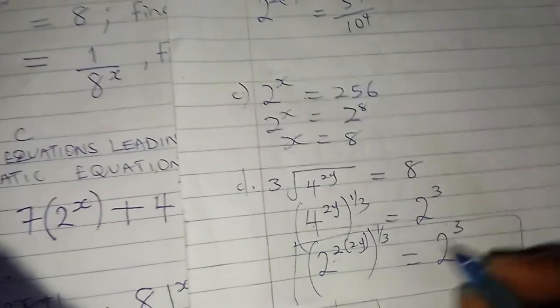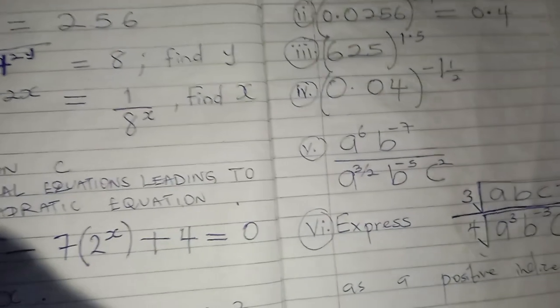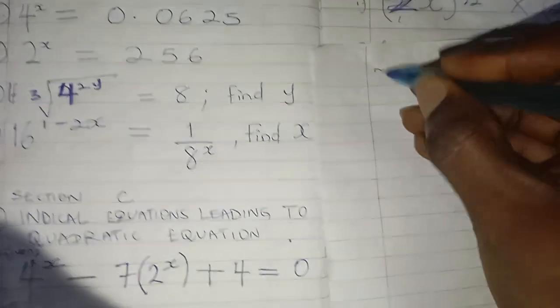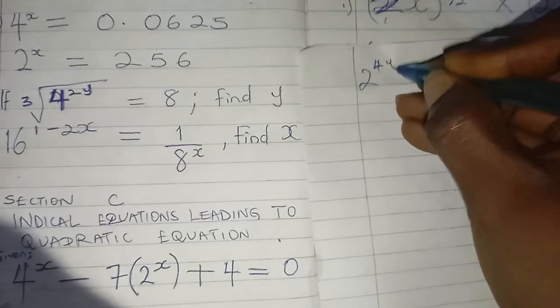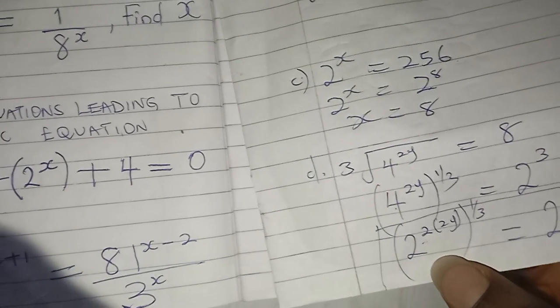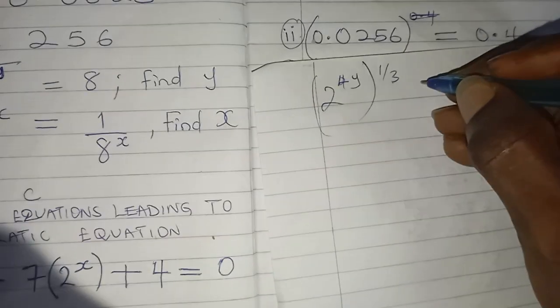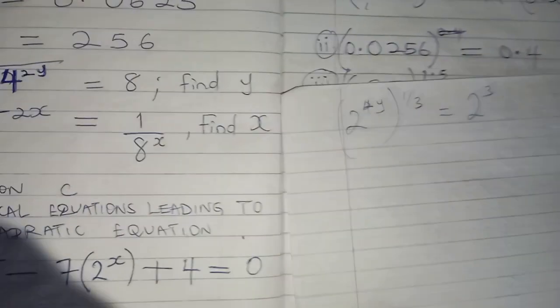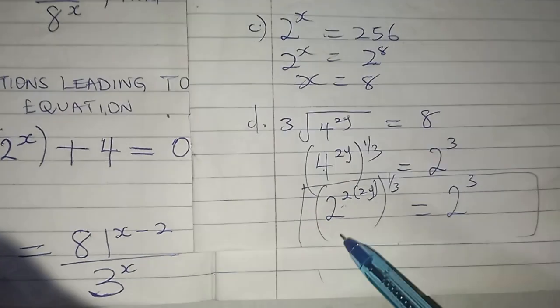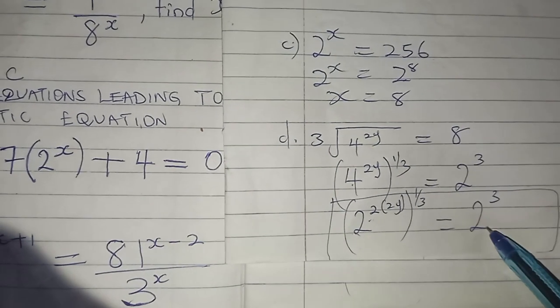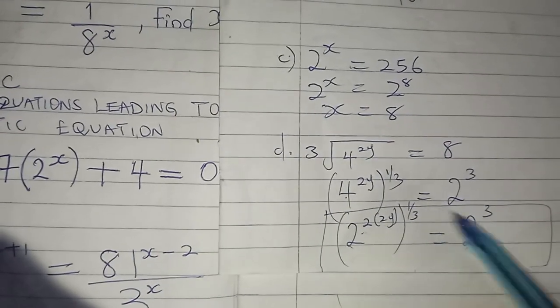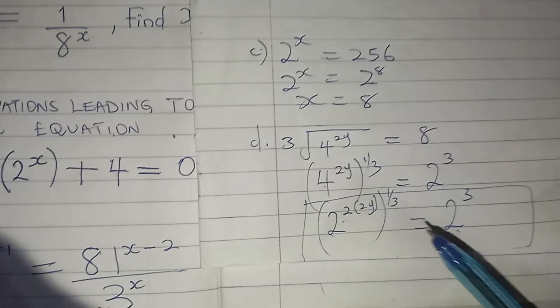Yes, so this becomes 2 raised to power 4y, all raised to power 1 over 3 equals to 2 raised to power 3. And I told you the goal of any indices question, whenever you're doing indices, the goal is how can I make the bases the same? If I can't make the bases the same, how can I make the powers the same? That's the two things you're trying to do in indices.